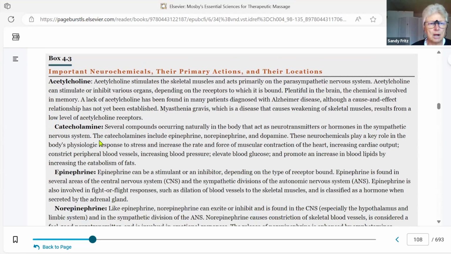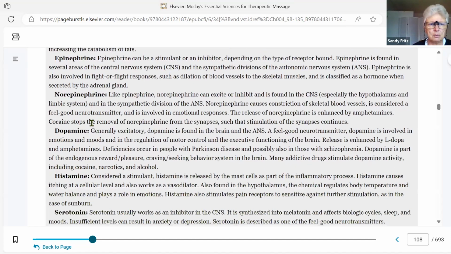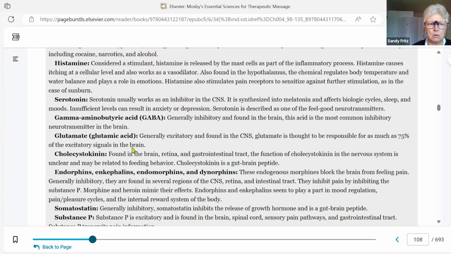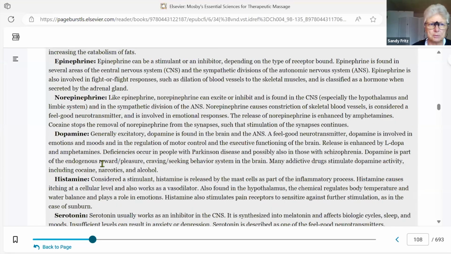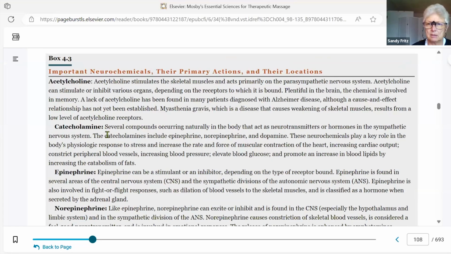So here are the important, more common neurochemicals, and you're going to want to have a working knowledge of how these all work. And at some level, massage therapy interfaces with these various chemicals.